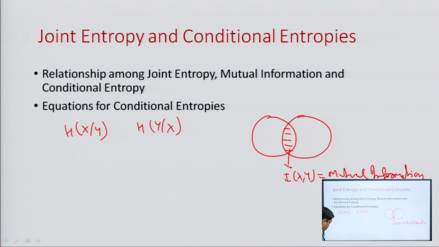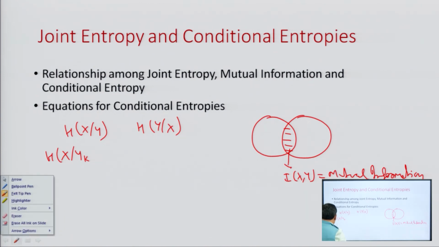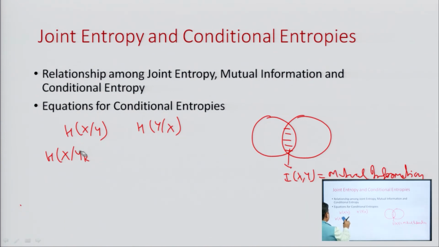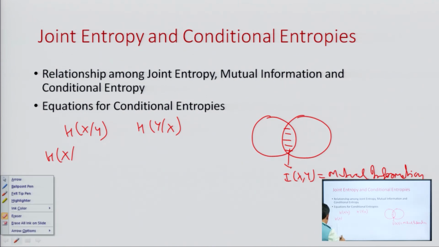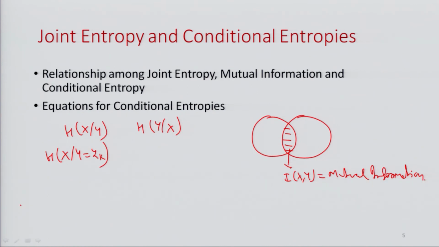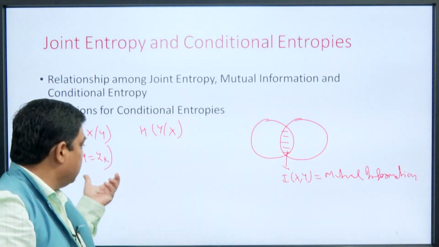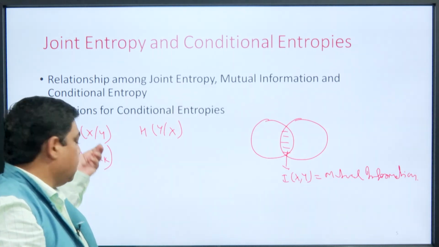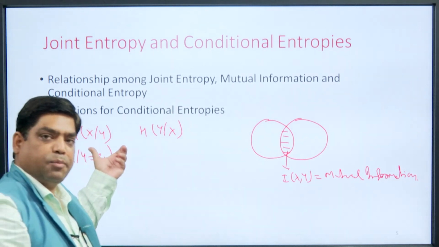Now come to H(X|Y). Here, y is equal to one symbol yk. This is not H(X|Y) itself, but it is one term through which we will calculate H(X|Y).